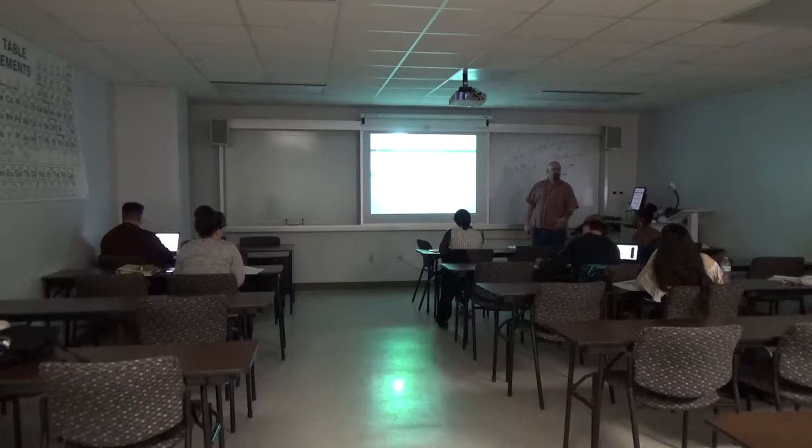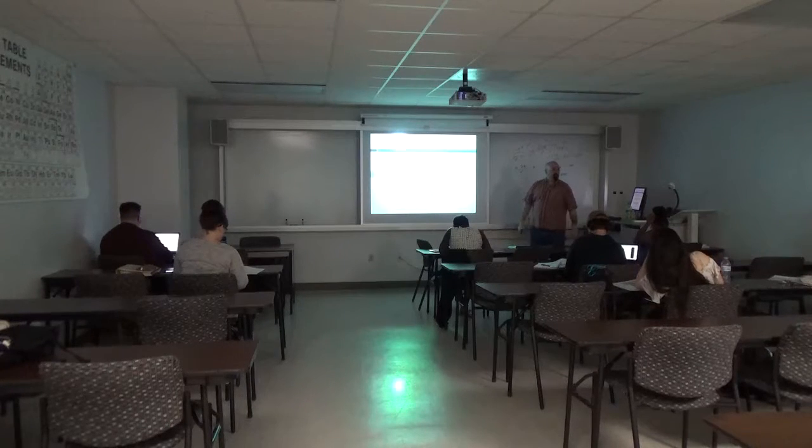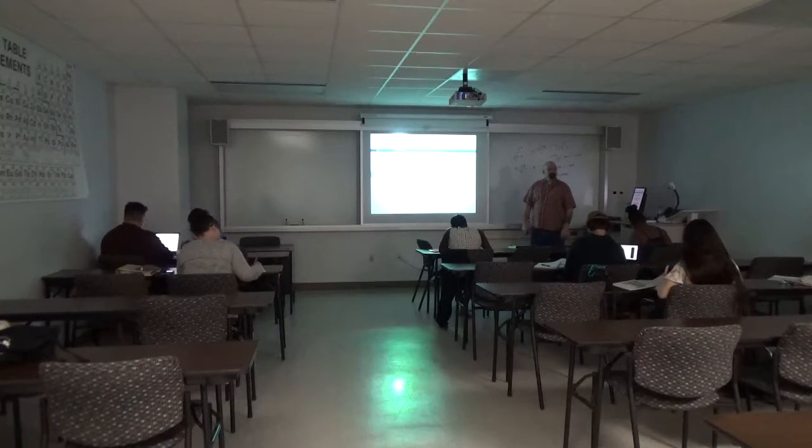We call those "ates": chlorates, sulfates, phosphate, PO4. So this is another one of those things where you're just going to have to either know where to find the table, or you're going to have to remember what's the most common form. And that's the "ate", the most common one, because that's the one that's easiest to find.